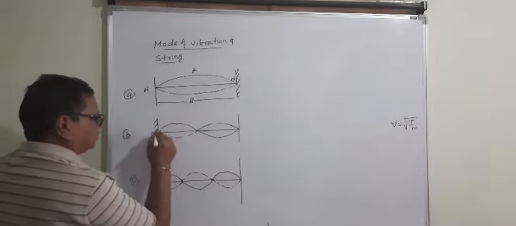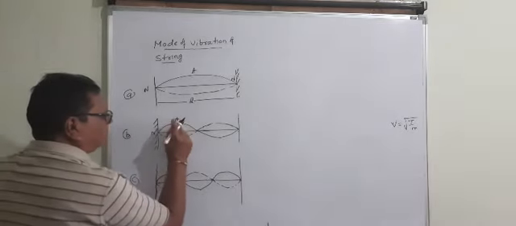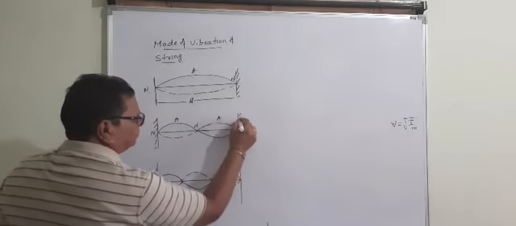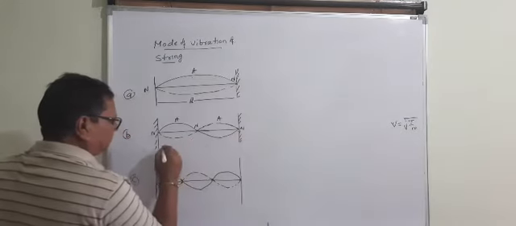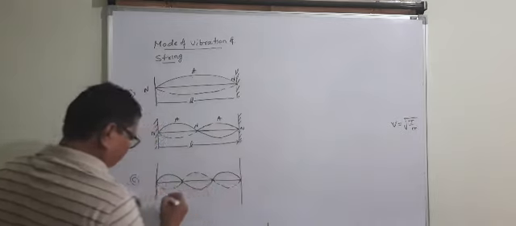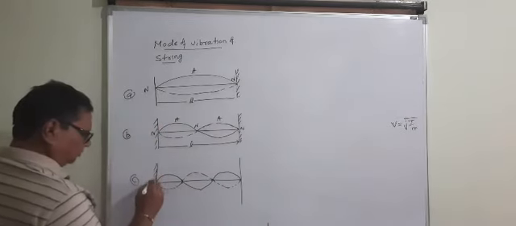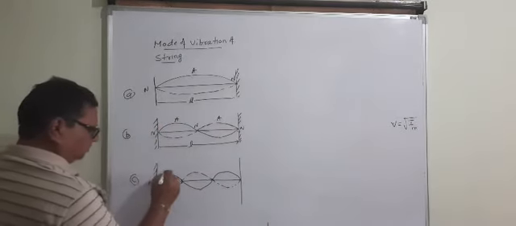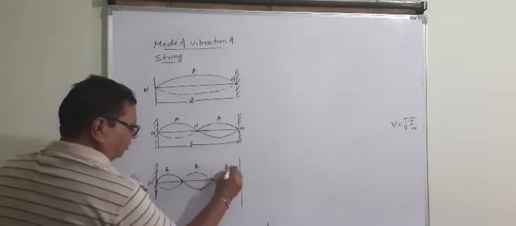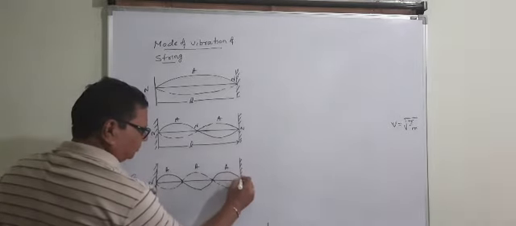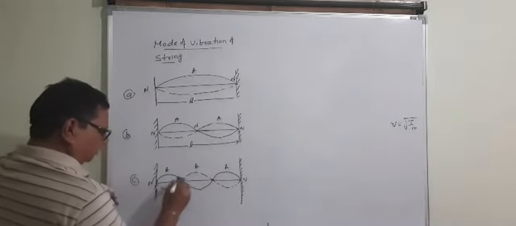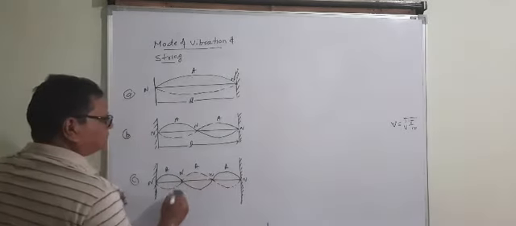Node, antinode, node, antinode, node. Length of string small l. Node, antinode, antinode, antinode, node, node.